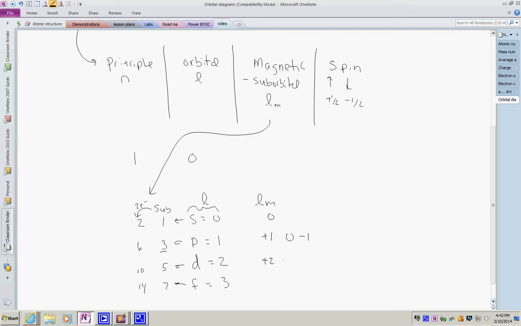Then plus 2, plus 1, 0, minus 1, minus 2. And then plus 1, plus 2, plus 3, 0, minus 1, minus 2, and minus 3. So 7 total, we have 5 total, we have 3 total, and I have 1 total. So now, knowing how many suborbitals they have, and then knowing that each suborbital can hold 2 electrons total.